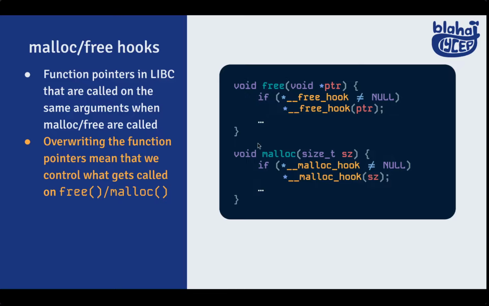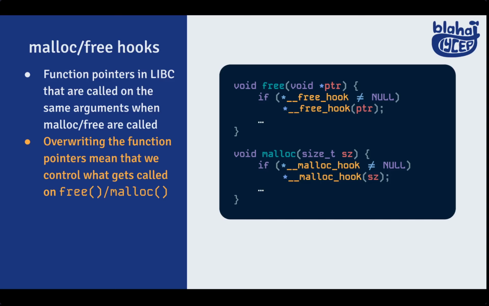And the same is for malloc, but most importantly, because this free hook and malloc hook are just pointers to some function address, if we can overwrite whatever function is inside this free hook pointer, then free and malloc will be calling whatever function we give it, right?